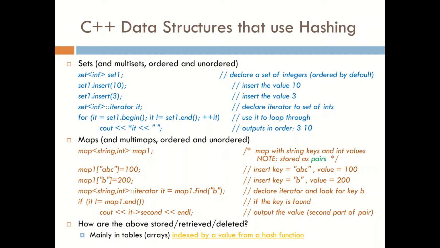And if we have a second item, keyed by the string B with a value 200, this can also reside in the table. And then later on, we can decide whether a particular value exists in our table.